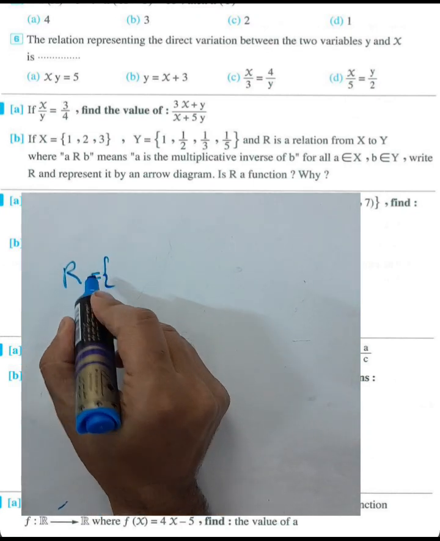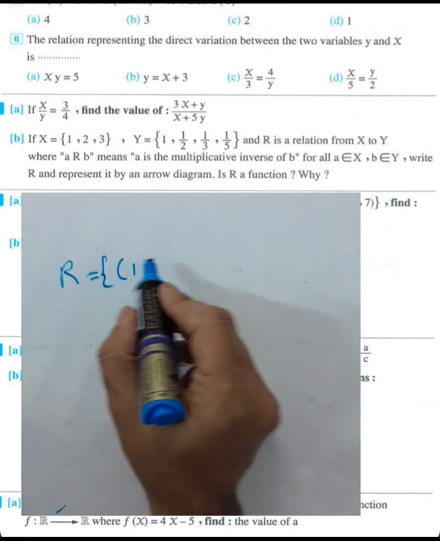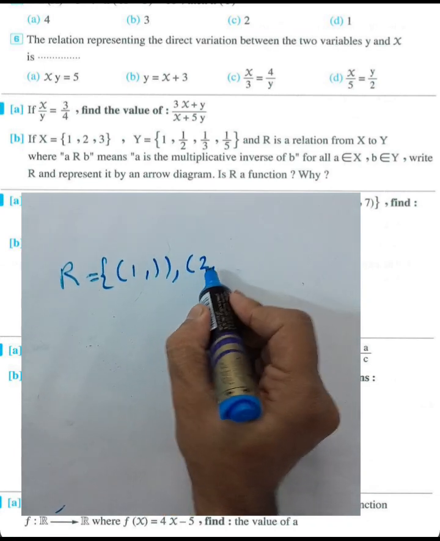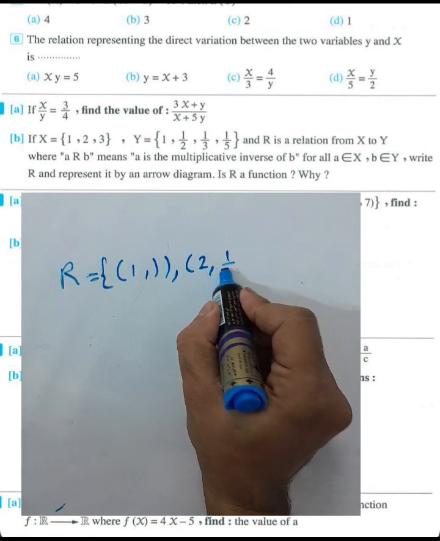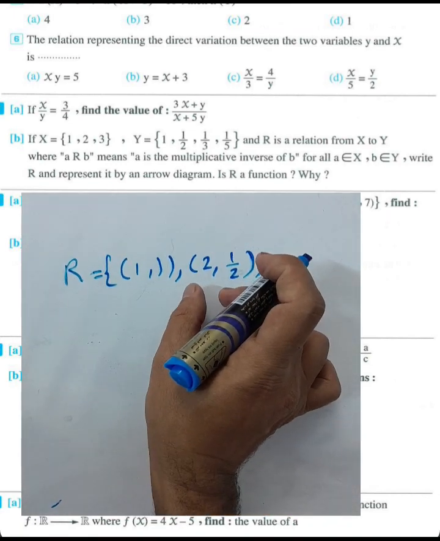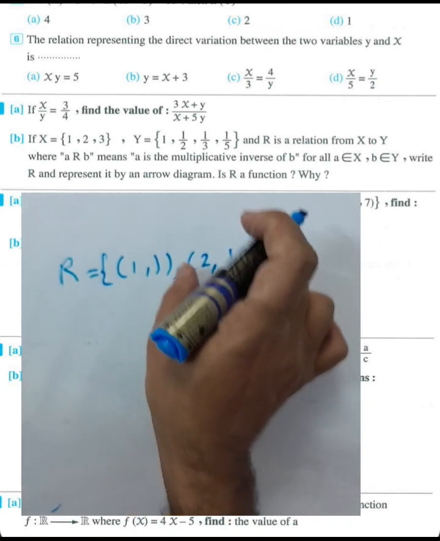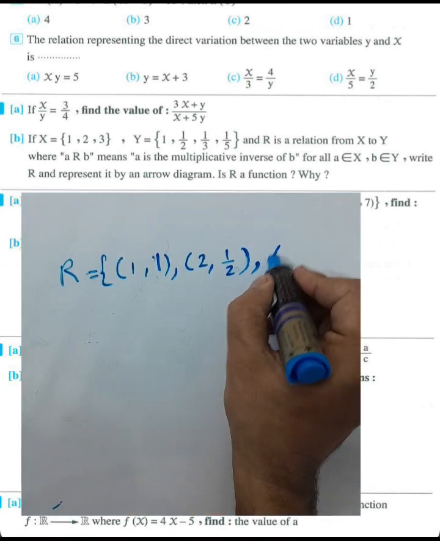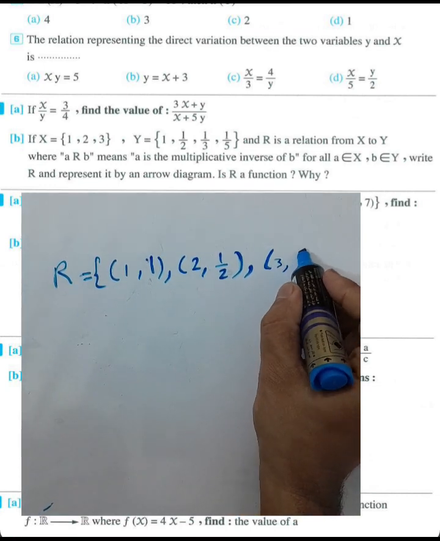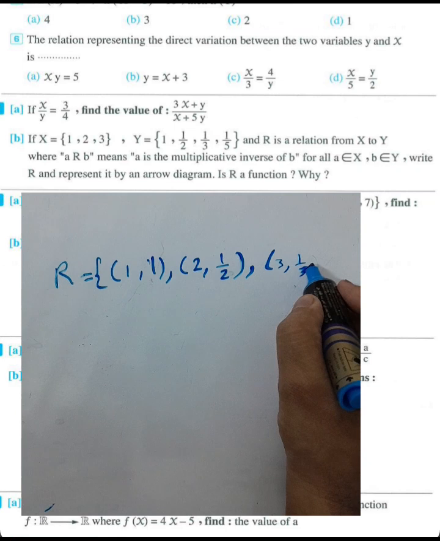The multiplicative inverse of 1 is itself, 1, and the multiplicative inverse of 2 is half. The product of the two numbers is 1: 2 times half equals 1, 1 times 1 equals 1. And for 3, the inverse is third, since 3 times third equals 1.